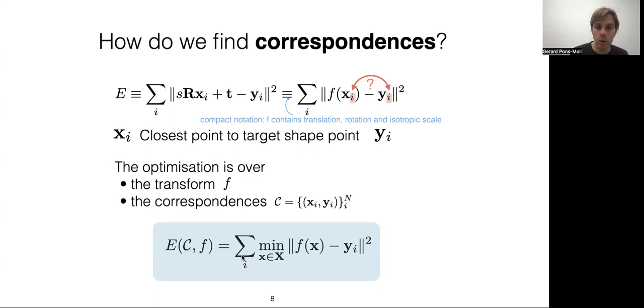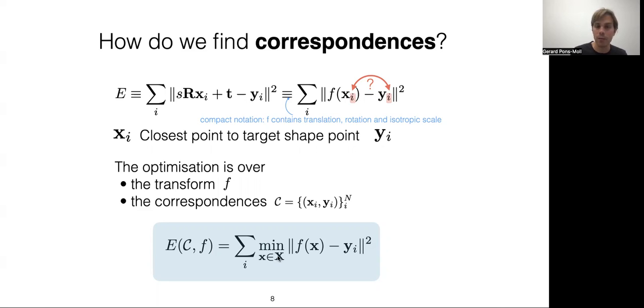So we have the summation over target points i, and we have this min here. This min means that for every target point I want to minimize this distance for the point x that makes this as small as possible. That's why we have this min here on the outside. This min here is over a point in the source shape.